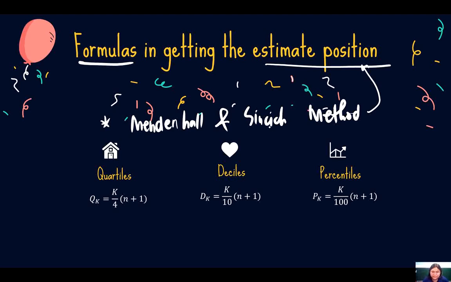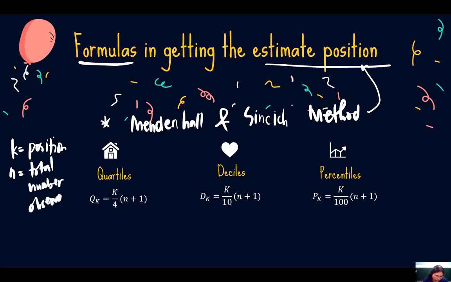K is the position itself. N is the total number of observations.